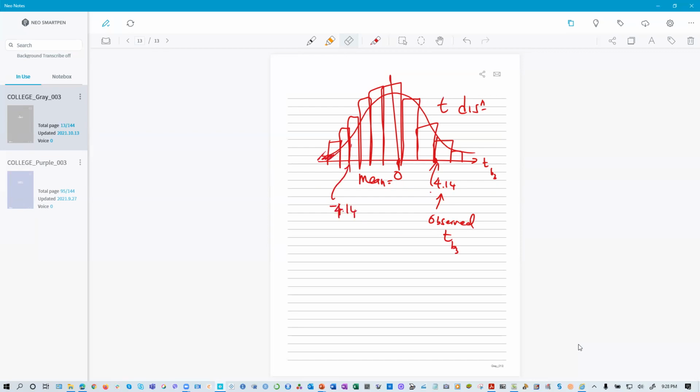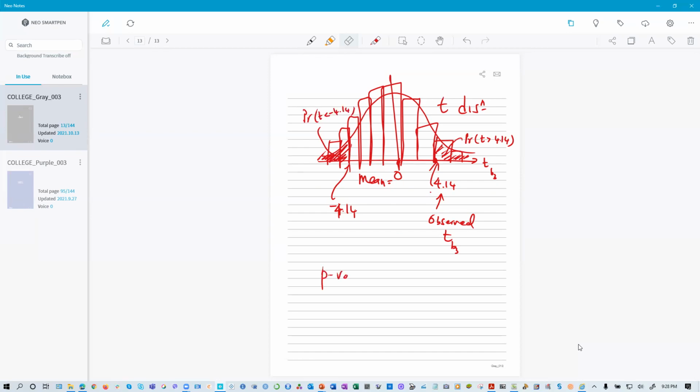Anything that falls on these tails beyond 4.14 and negative 4.14 is called the probability. This part you can say is probability T greater than 4.14. This part is probability T less than negative 4.14.